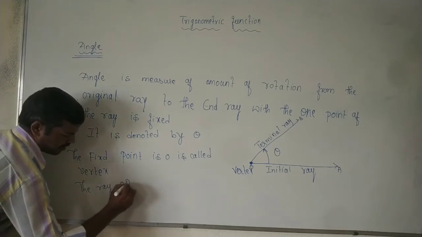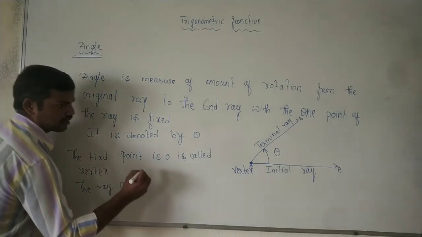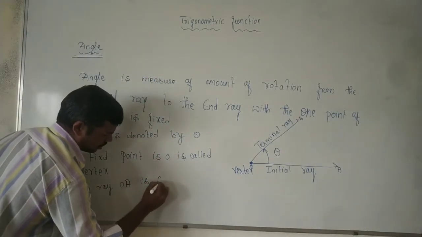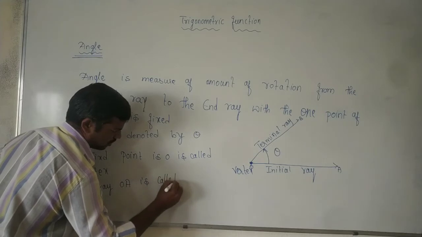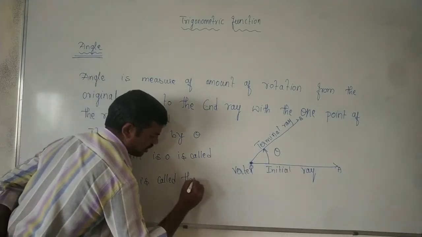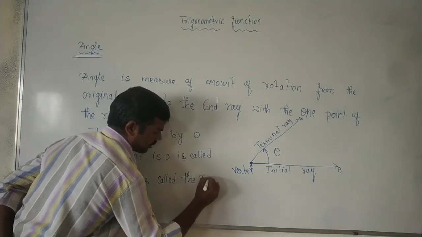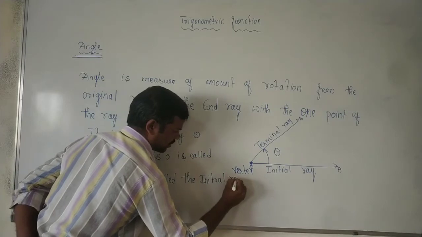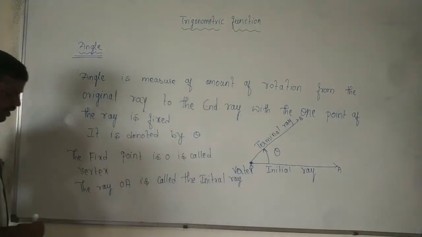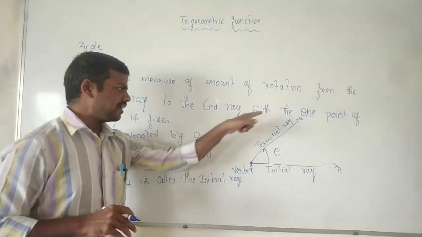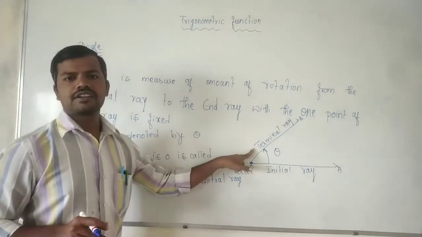The ray OA is called the initial ray, or initial side. Next, OB, the end ray, is called the terminal ray.